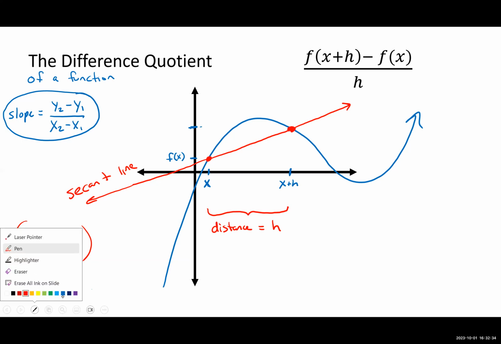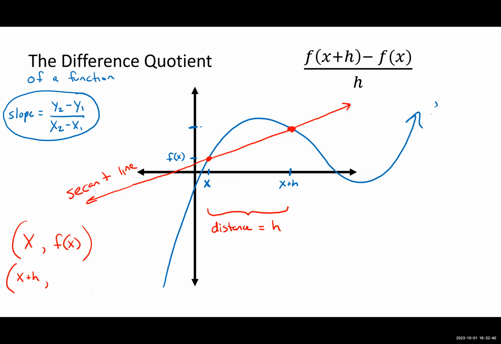And then the y value is going to be whatever you get when you plug x plus h into the function. This is the function f of x, this blue graph. So if you plug x plus h into the function, you get f of x plus h. Now we've got two x values and two y values.